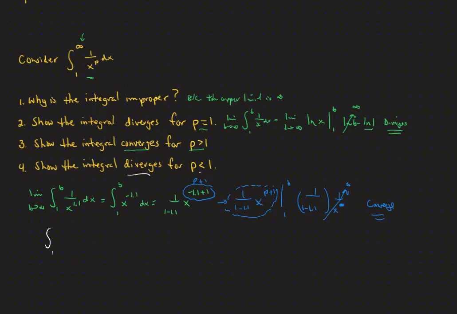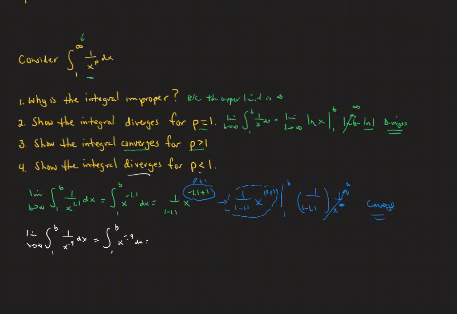So imagine now we're doing the integral from 1 to b, limit as b goes to infinity, of 1 over, and I'm going to just call it x to the 0.9 so we can make our point by seeing an actual value. So this is going to be the integral from 1 to b of x to the negative 0.9.